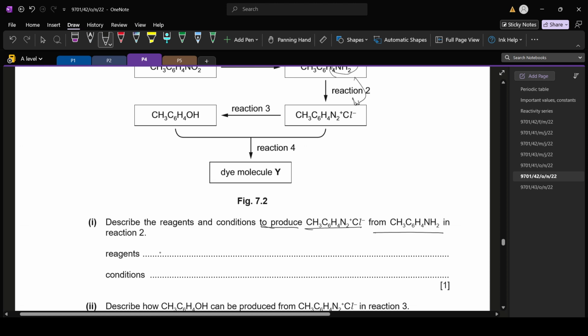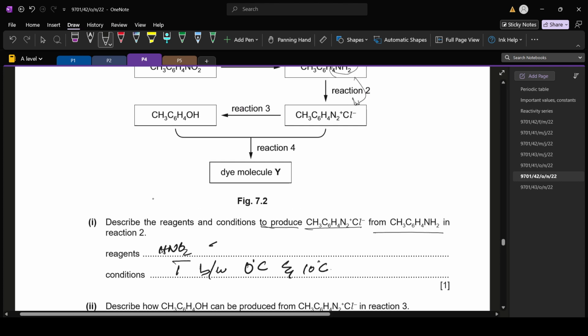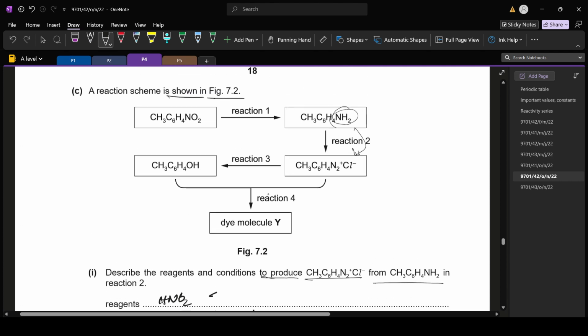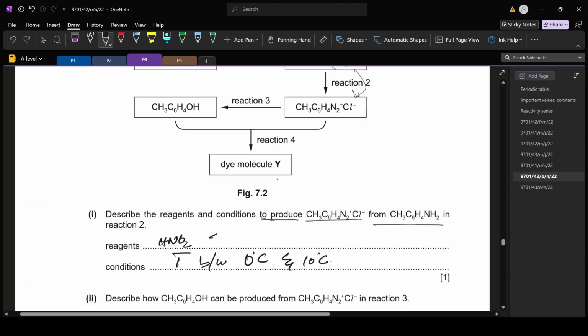The reagent is HNO2, nitrous acid, and the conditions are a temperature between 0 degrees and 10 degrees Celsius. This reaction occurs below 10 degrees Celsius. This is the condition you have to remember to form the diazonium.